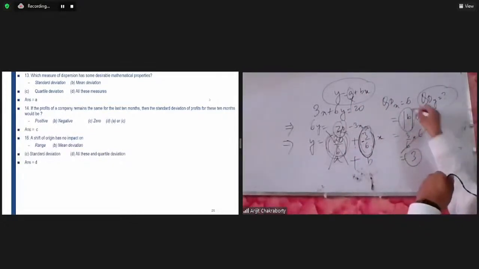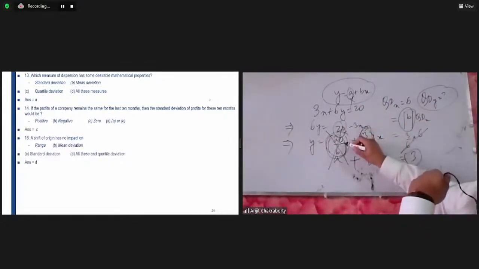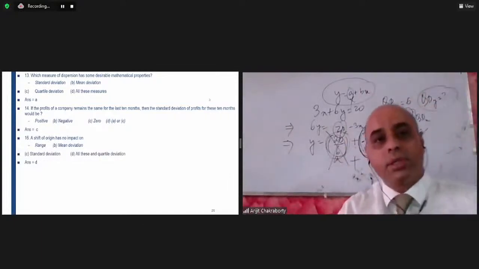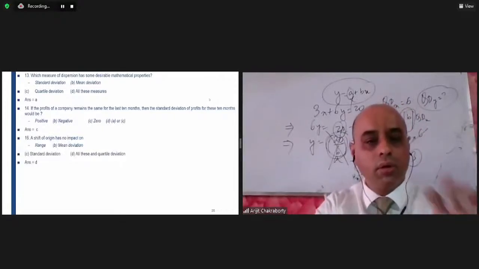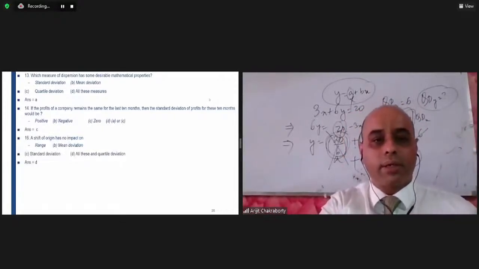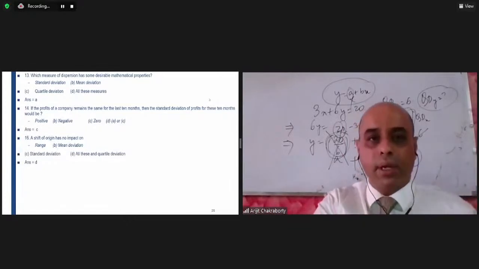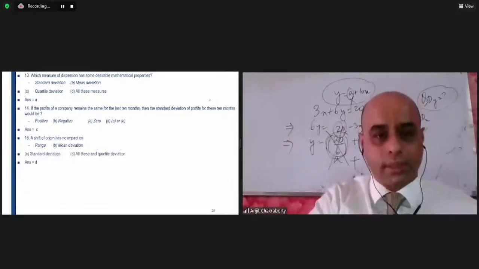So we never consider A. Therefore, the shift in origin, which is measured by A, is not used at all. The answer is all of them, they have no impact. If there is a shift of origin, it has no impact on range, mean deviation, and standard deviation.